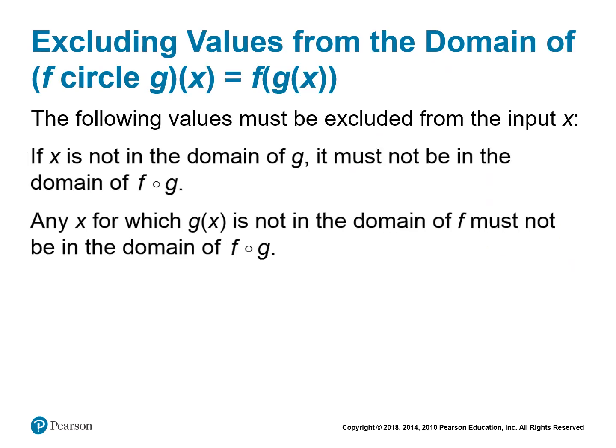Here we are going to talk about excluding values from the domain of f composition g, also referred to as f circle g of x, which is equal to f of g of x. Right, now here in this presentation they talk about excluding values, which will be a different function. Not all compositions will need the domain to be excluded, right?